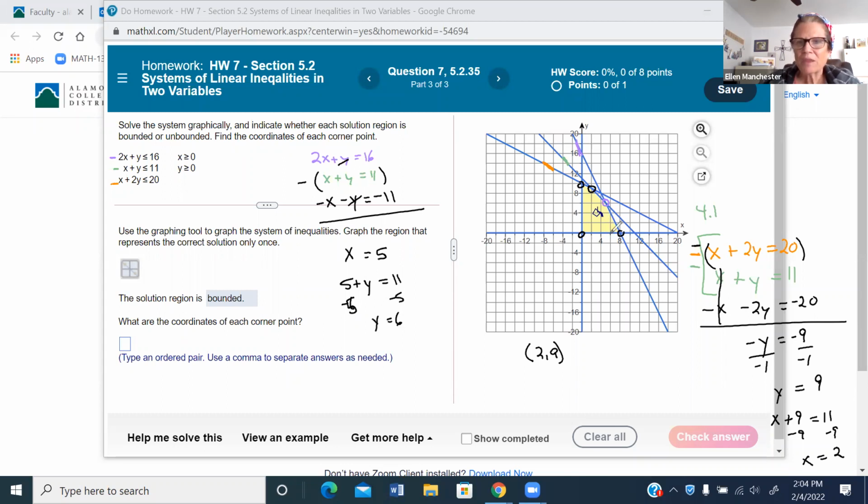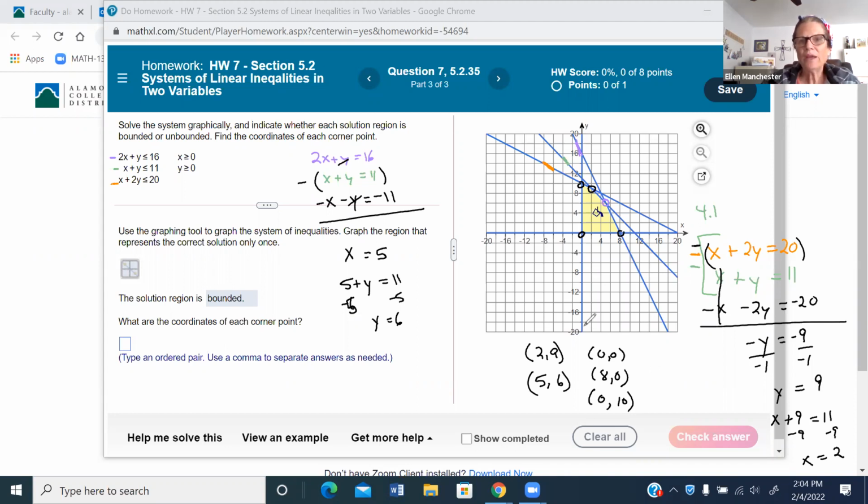And if my x is 5 and my y is 6, it matches. So that is another corner point. The other corner points are 0, 0, my x-intercept of 8, 0, and this y-intercept of 0, 10. So all these are corner points.